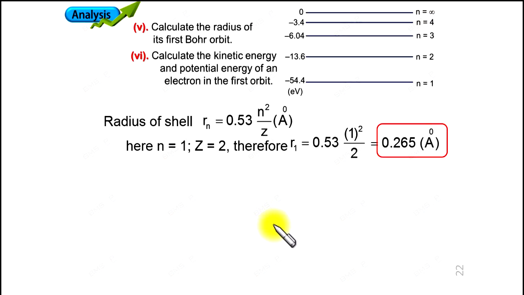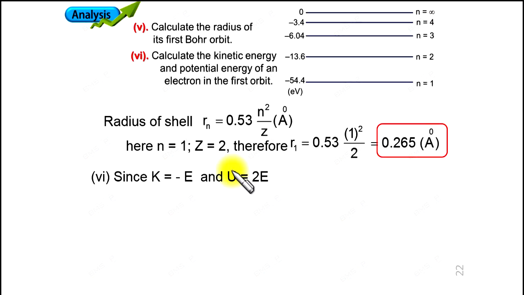We also know the formula for the potential energy, that is potential energy equal to twice the total energy. So, first of all, we can write kinetic energy equal to minus E and potential energy equal to twice the total energy, right.